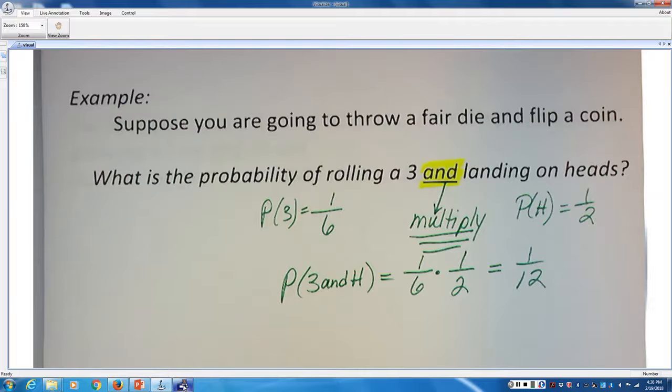Now, I can't explain to you why it's true. But you'll trust me when I tell you this is always how you do it. And it's going to go back to that tree diagram thing.